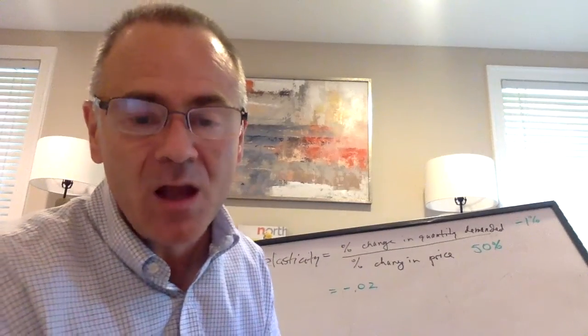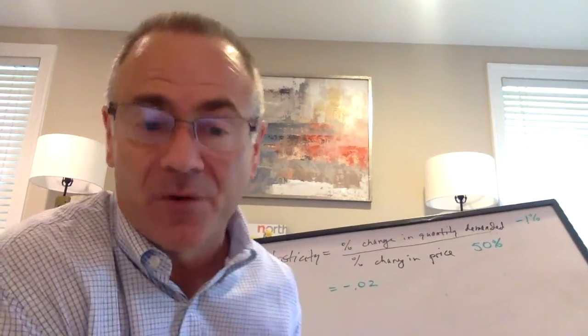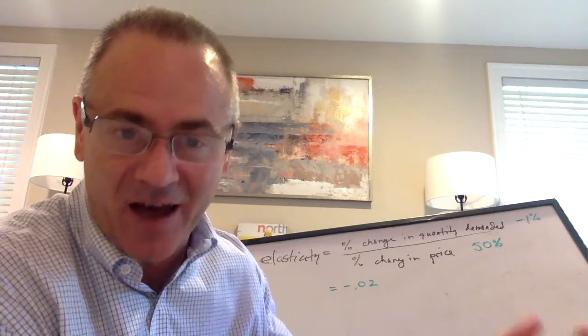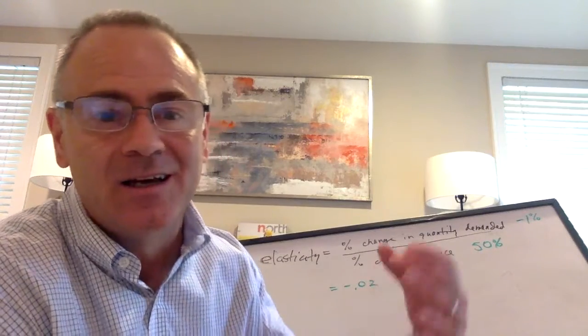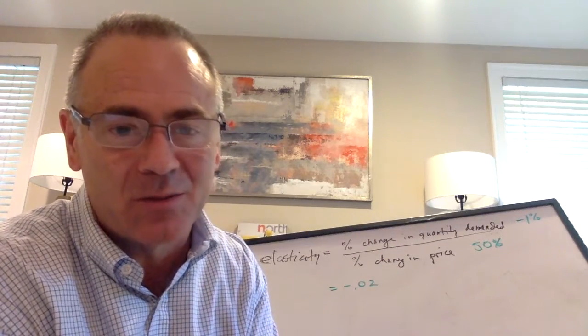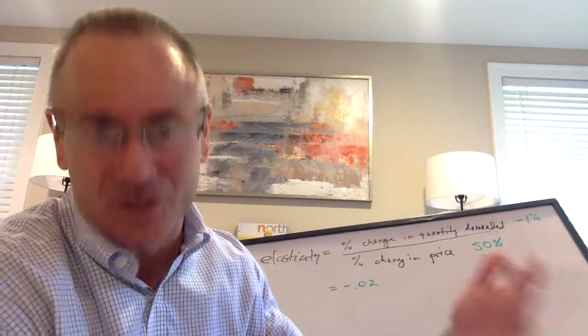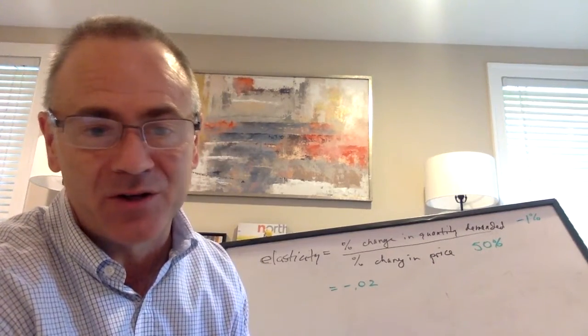So there's a first test question: what if I give you those facts? Price of salt goes up 50%. Tim decreases salt consumption by 1%. What is Tim's demand elasticity for salt? The answer is negative 0.02.